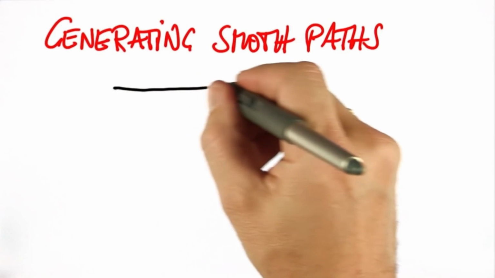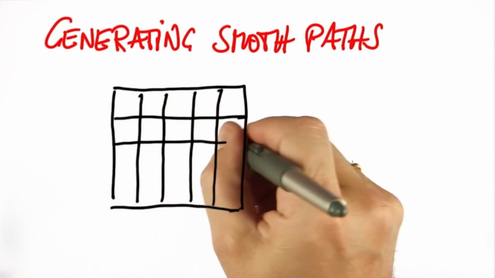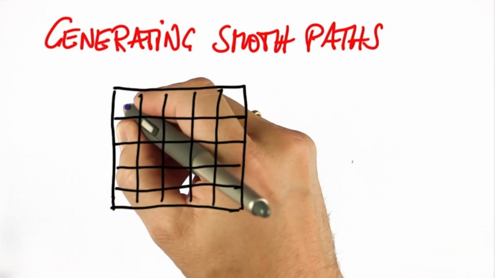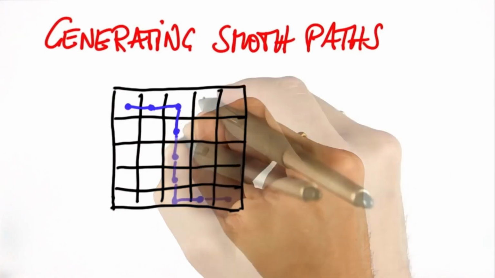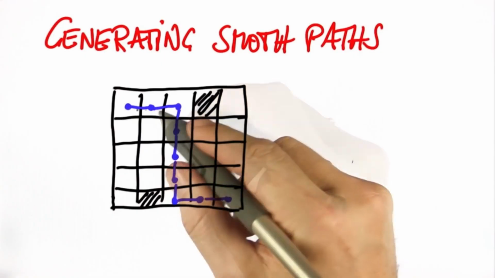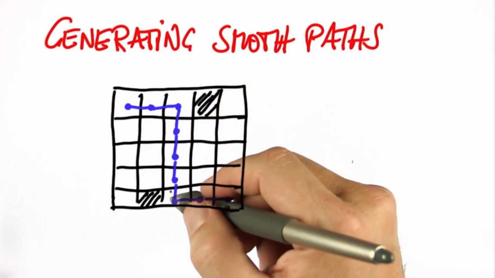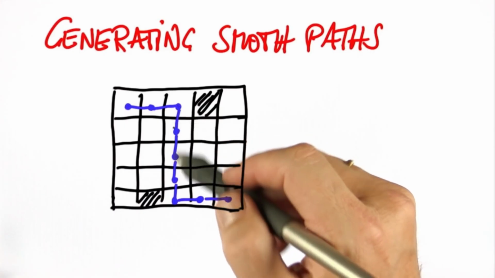You might remember that our planning took place in a discrete world, and the plans we found looked very much like this, perhaps in response to obstacles over here. Now, a path like this has lots of disadvantages. You don't want a robot to go straight, take a 90-degree turn, and go straight again.